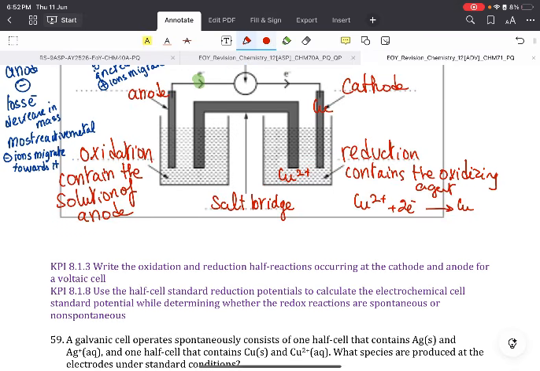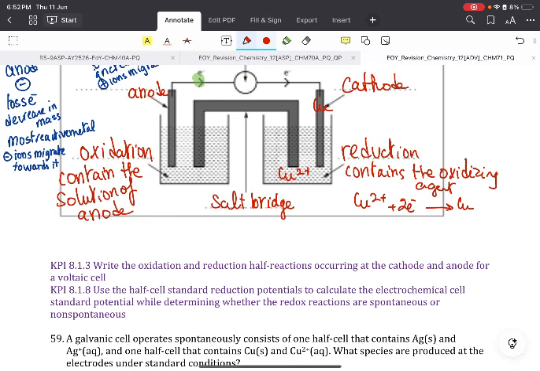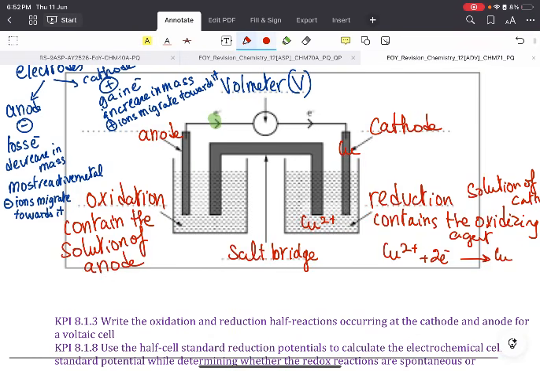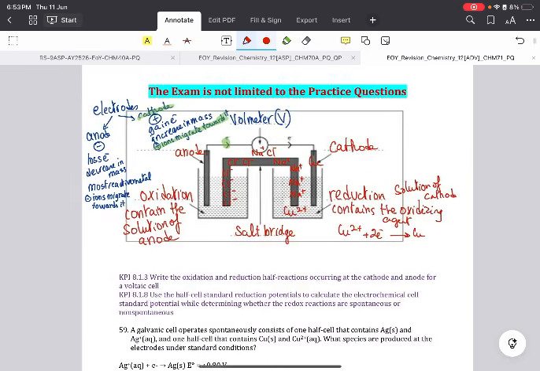Even here, if you forgot about containing oxidizing agent, you can say contain solution of cathode. Now here's the salt bridge. Let's say I have an ACl. A is positive, Cl is negative. The positive ions in the salt bridge, they go towards the cathode. So you're gonna see an A plus moving on towards this one, to the solution. And you're gonna see the Cl minus moving to this side towards the anode solution.